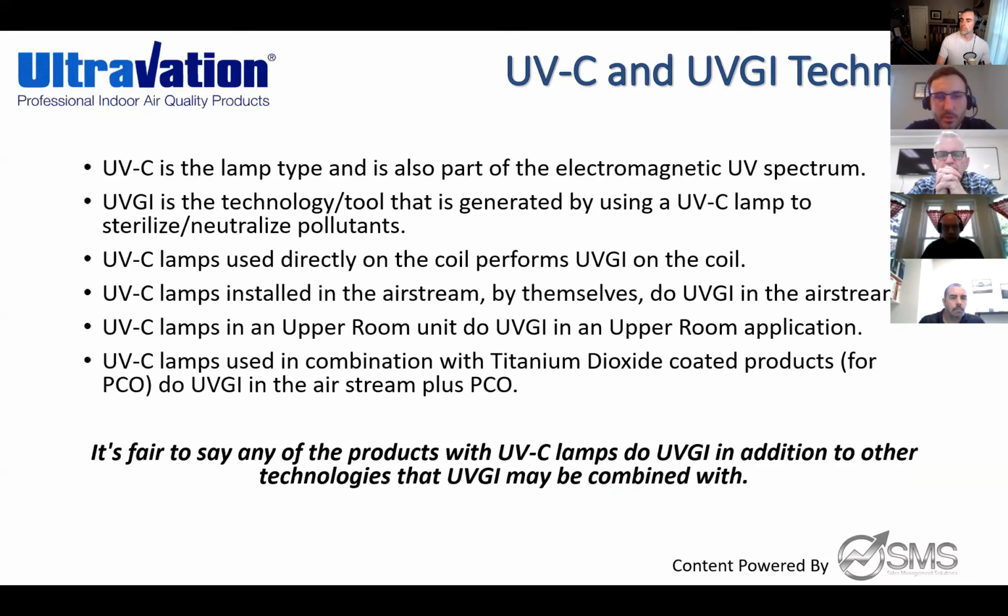UVC lamps used directly on the coils perform UVGI on the coil. UVC lamps installed in the airstream by themselves do UVGI in the airstream. UVC lamps in an upper room unit do UVGI in an upper room application. UVC lamps used in combination with titanium dioxide coated products for PCO do UVGI in the airstream plus PCO.